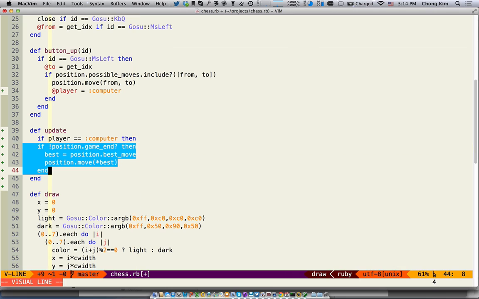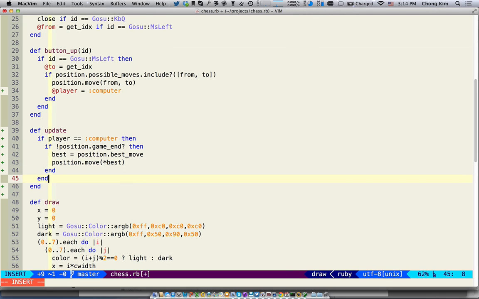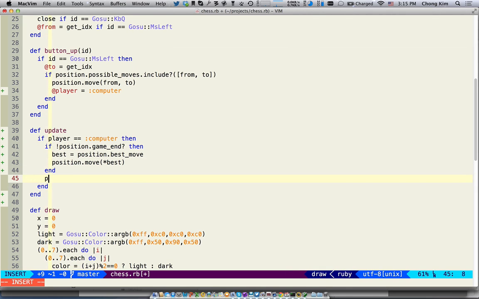And then we have to make sure we reset it. Player is equal to human. Okay. All right, so let's see how this works.